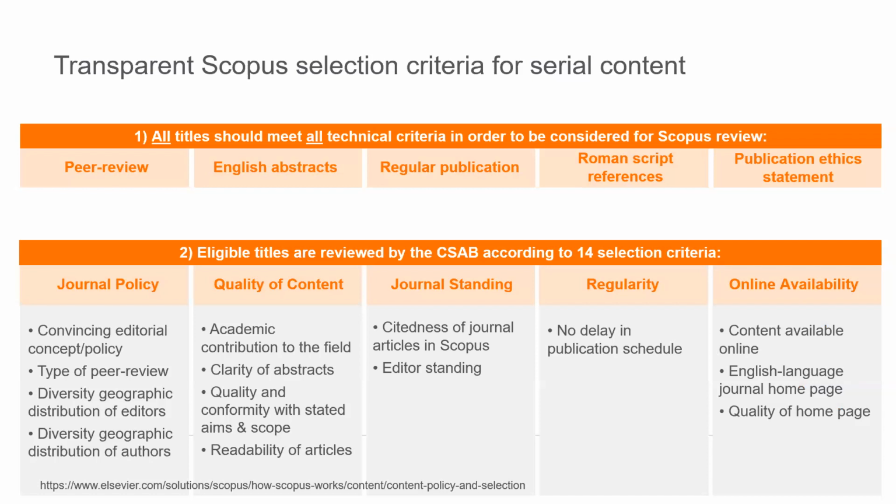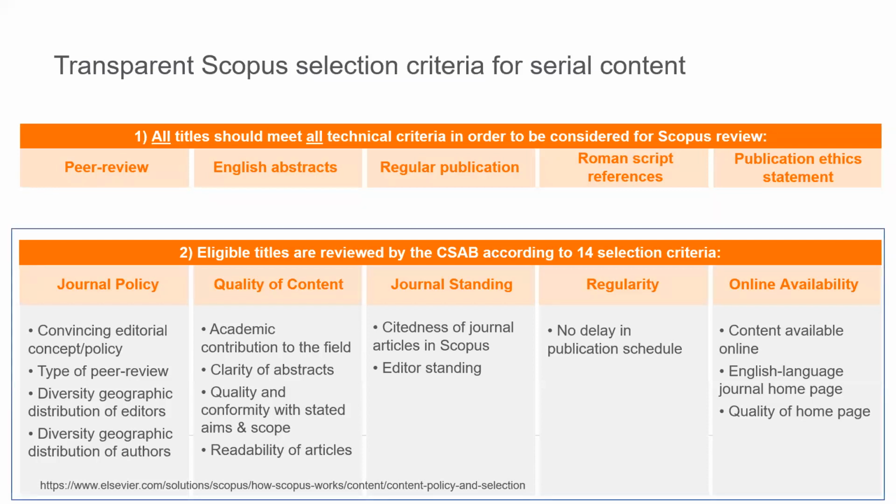So this is quite a robust selection process that the journals have to go through, and less than 40% of journals that apply for indexing make it through to being accepted to be indexed within Scopus.